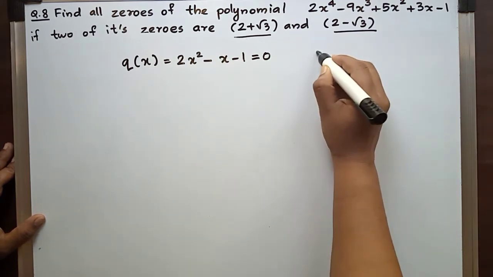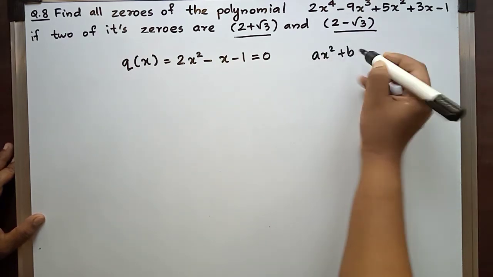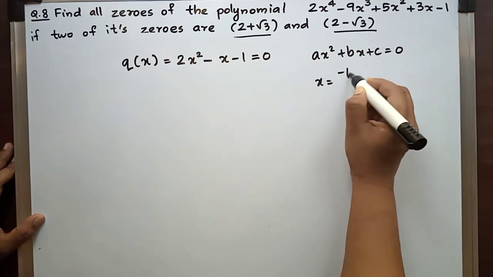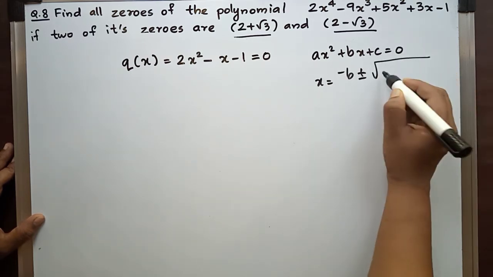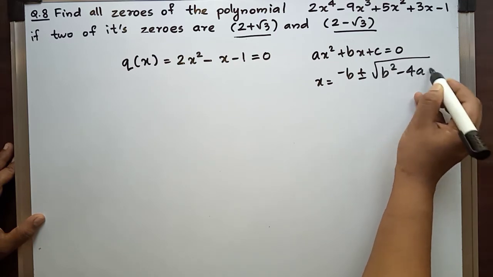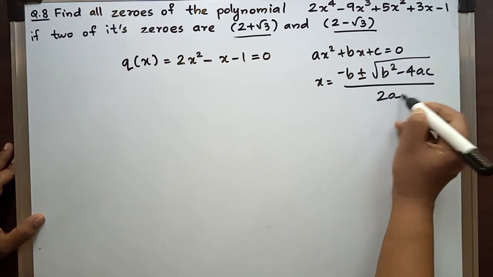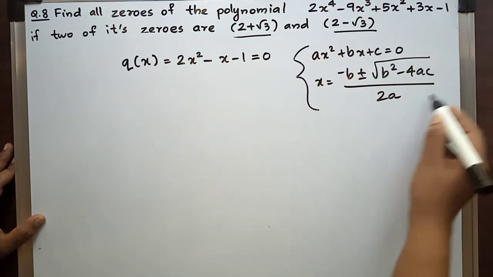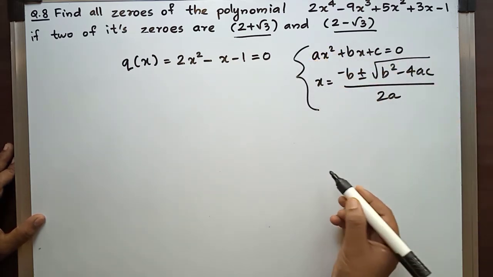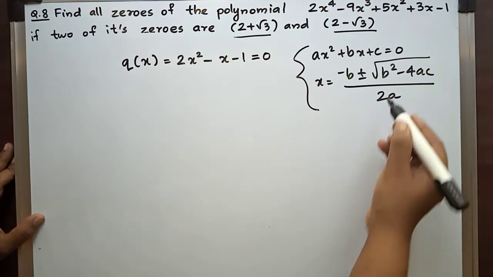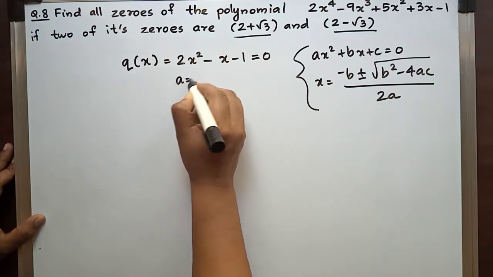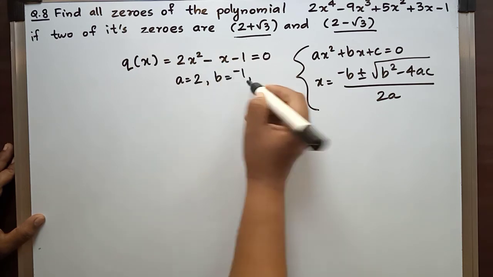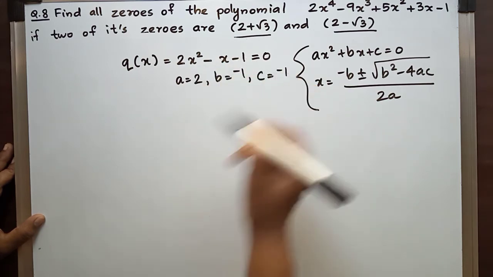How will we find it? ax square plus bx plus c equal to 0 means x is equal to minus b plus or minus square root of b square minus 4ac, divided by 2a. We are going to use this equation here. We have already learned it in our 9th standard. See here, in place of a we have 2, in place of b we have minus 1 and c is minus 1.